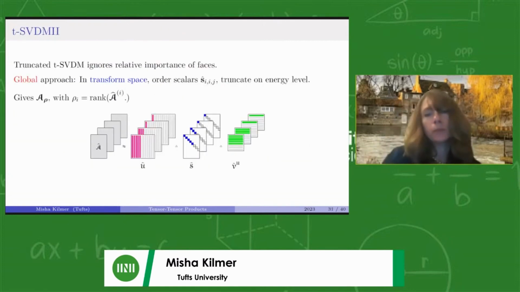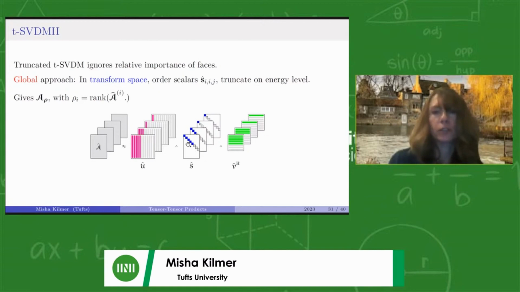The TSVDM, though, does ignore some relative importance in the faces. If I just truncate to K terms, what it means is that in transform space, I'm treating every one of these independent matrix factorizations completely independently. It turns out to make more sense, when I do these matrix SVDs, to compare all of the singular values in each one of these faces to one another, and truncate based on their ordering.